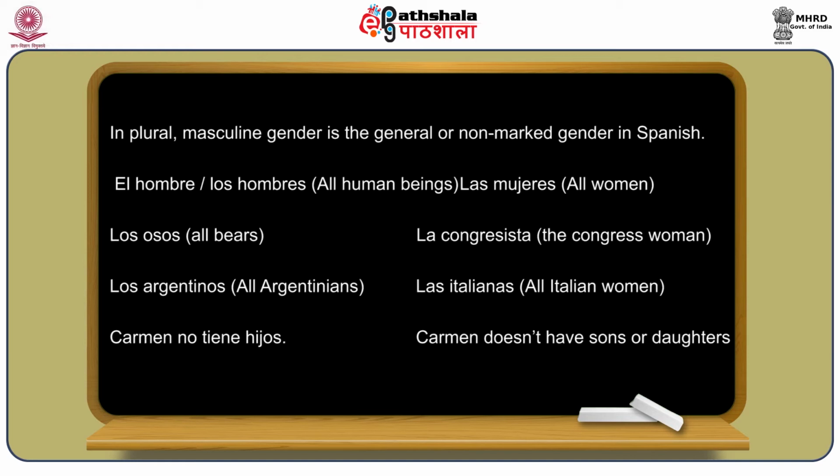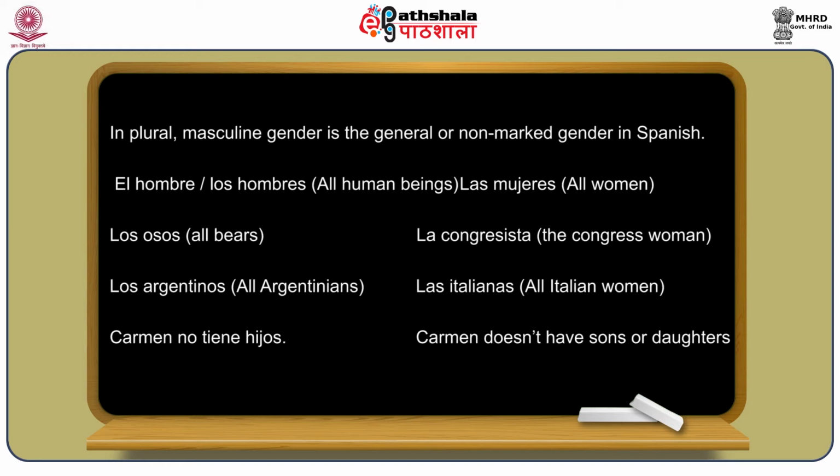For example, if I say el hombre, it means one man. But if I say los hombres, it means all human beings, so this includes both male and female. But if I say las mujeres, it will only mean the females, that is all women.